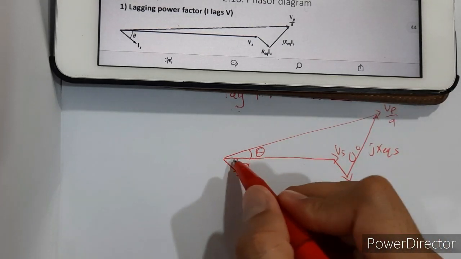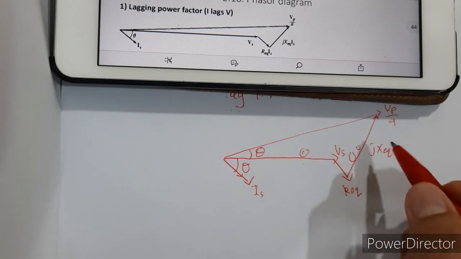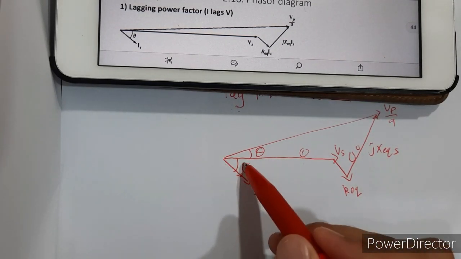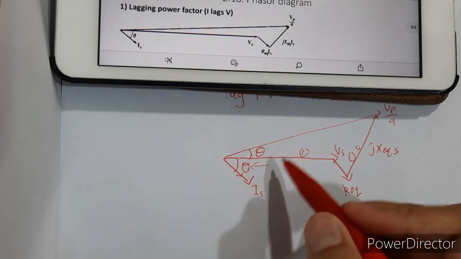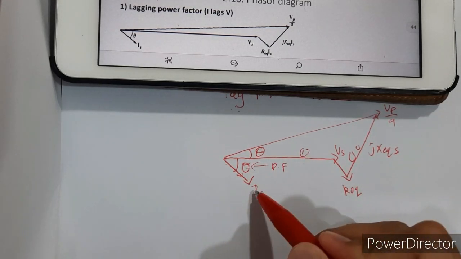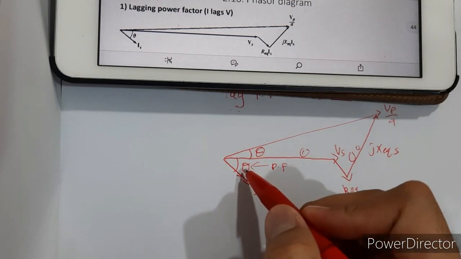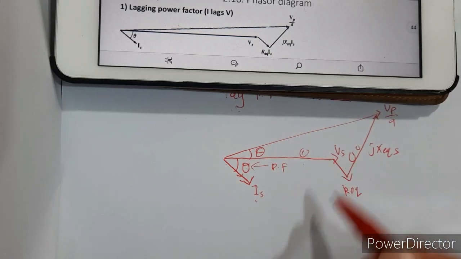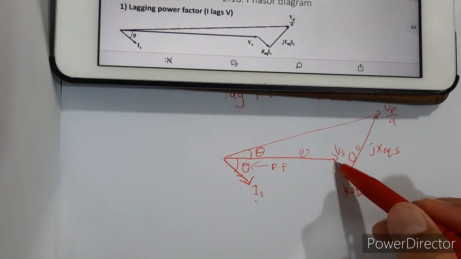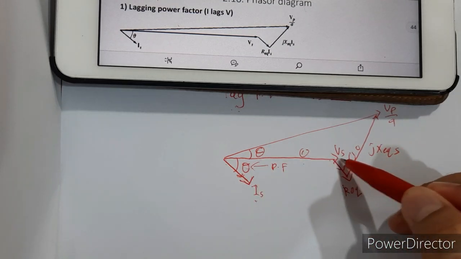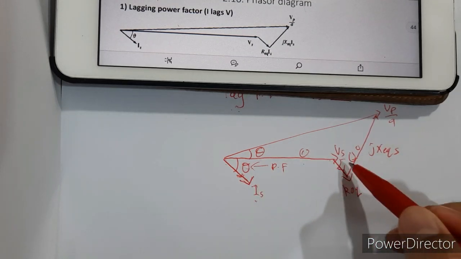Remember, firstly you draw VS with an angle of 0 degree, and then you draw the current with the angle based on the power factor. Because the current is lagging VS, this angle is negative. Then you draw R equivalent parallel with IS, meaning the angle is similar.